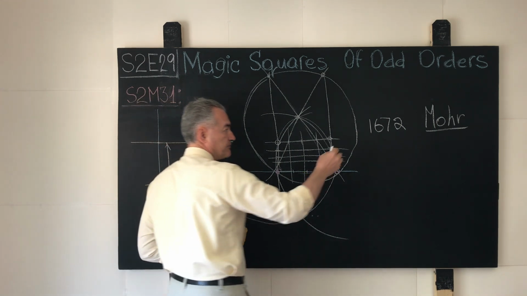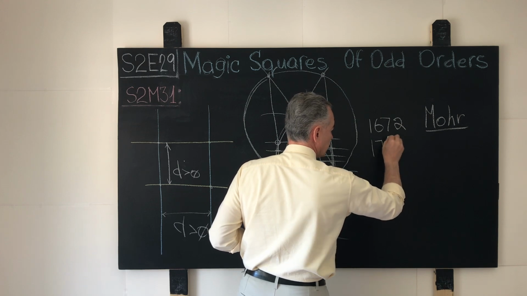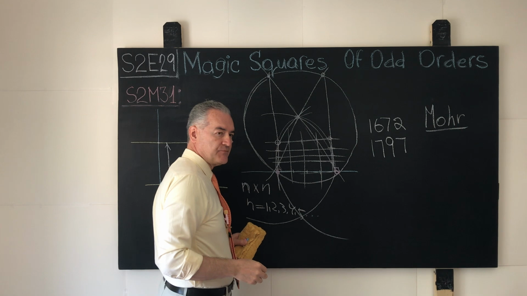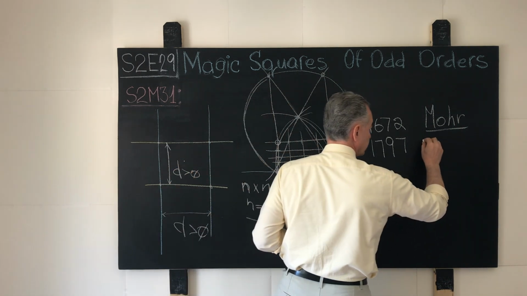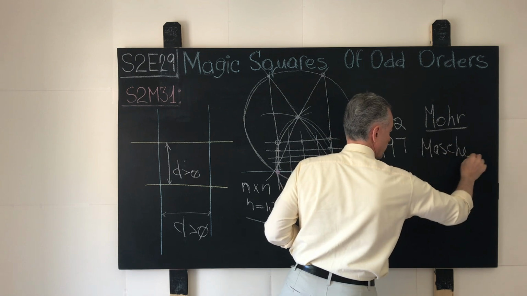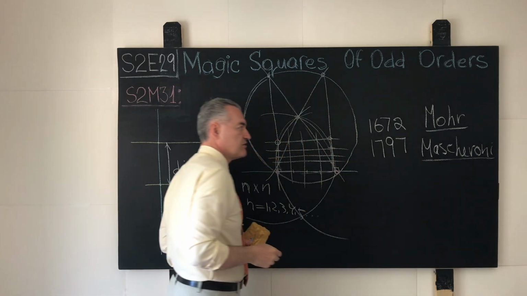And 125 years later, in 1797, an Italian mathematician who goes by the name Mascheroni apparently also rediscovered the same proof.